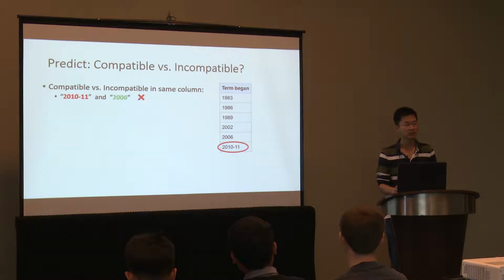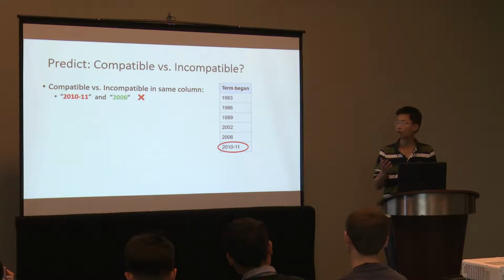Now, in the time that remains, I will try to give you an intuition of how this works. The key question comes down to predicting whether two values are compatible or not in the context of the same column. In the previous example of these two values, intuitively we know these are dates and they are not compatible, and they probably should not co-occur in the same column.